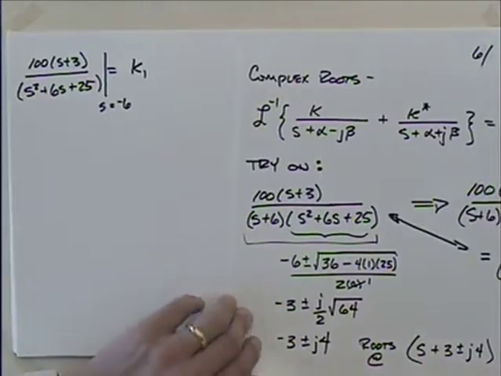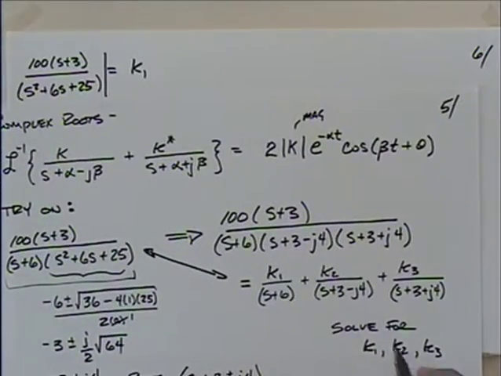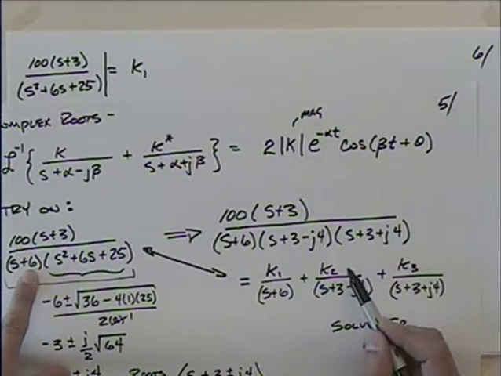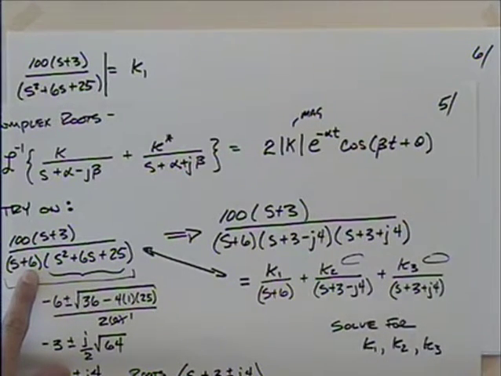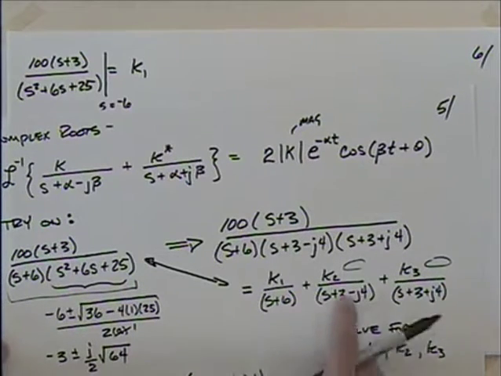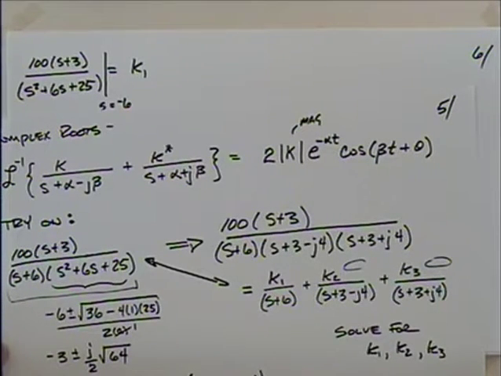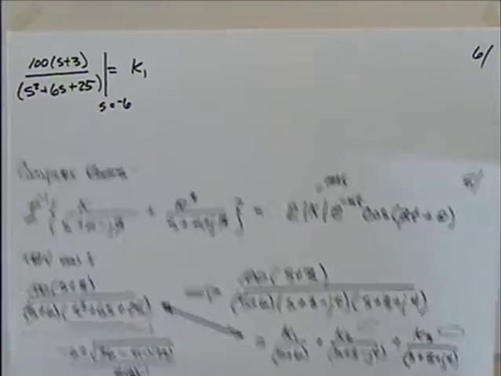That's K1. You might say, well, what in the world happened to K2? Well, when I multiply everything by S plus 6, you have that S plus 6 up here. You have that S plus 6. When you evaluate it at S equals minus 6, those terms go to 0, don't they? Okay, everyone's good with that?